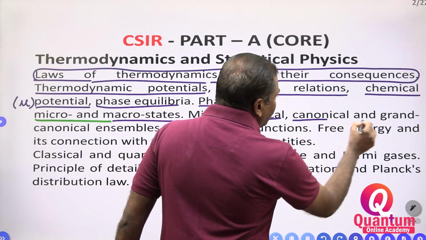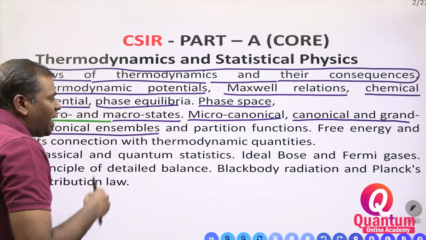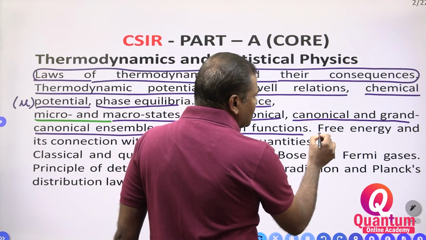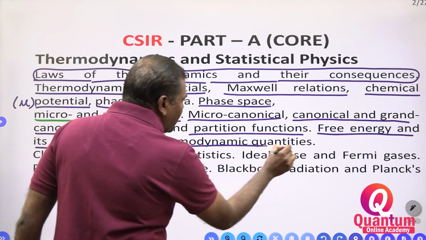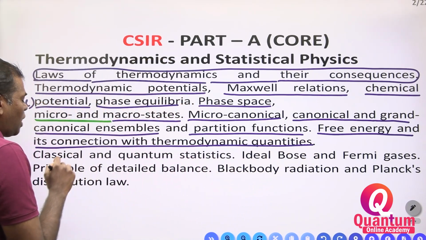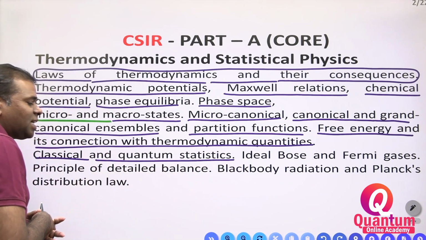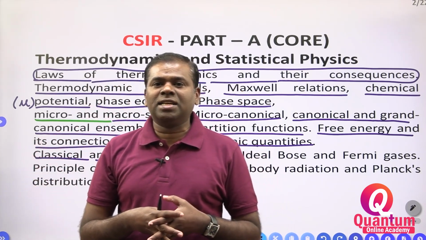Micro-canonical ensemble, canonical ensemble and grand-canonical ensemble. 3 varieties of ensembles are there. And their partition functions, free energy and its connection with the thermodynamical quantities. Also classical and quantum statistics. What is classical statistics? Who explained classical statistics?